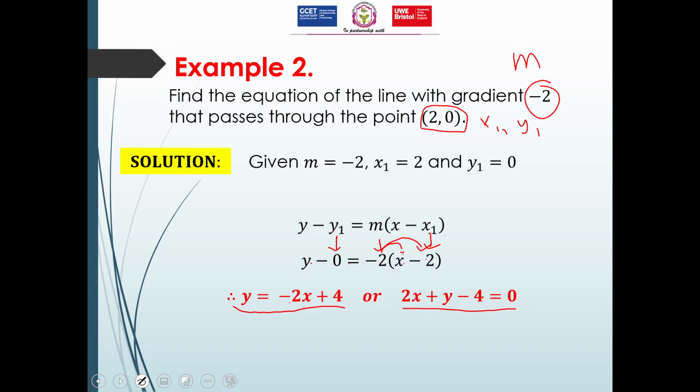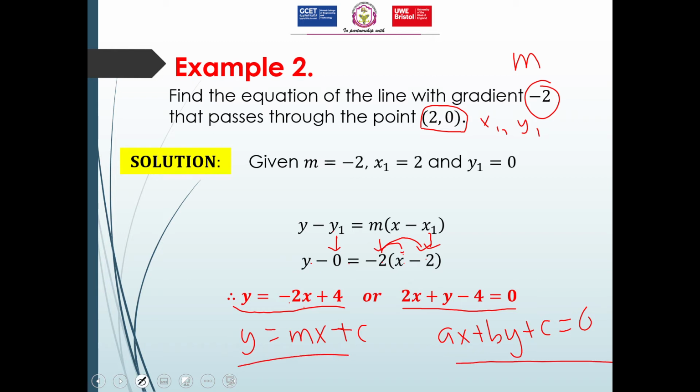Remember, there are 2 forms of the equation of the line, either y equals mx plus c, or the other one, ax plus by plus c equals 0. So you can write your equation in this form or in this form, it's up to you.